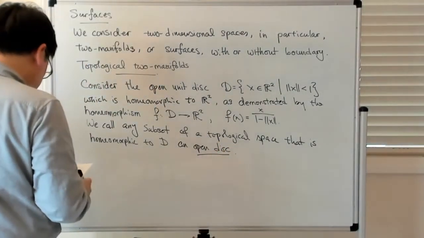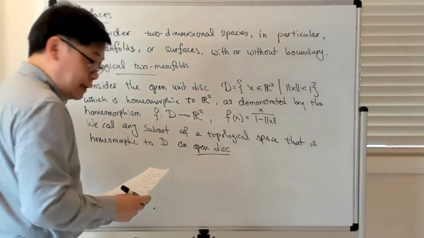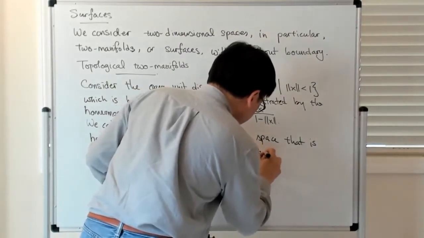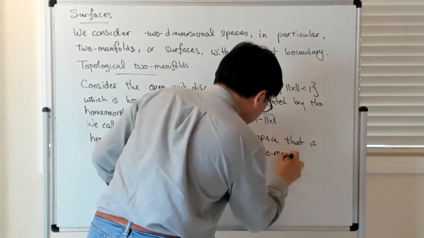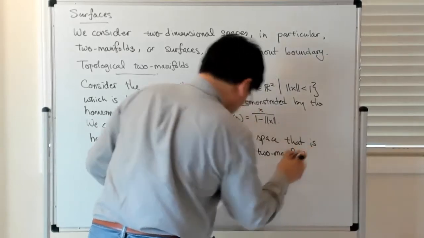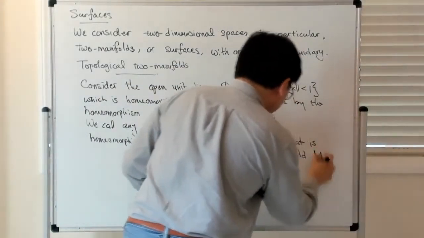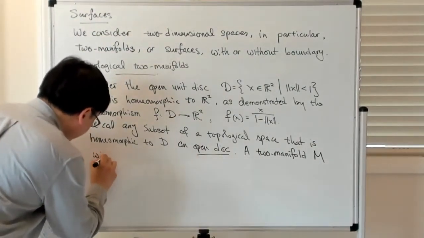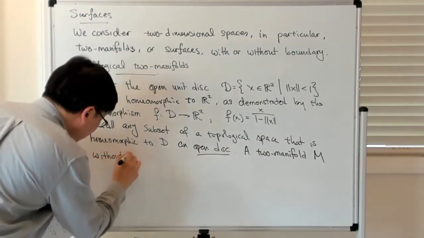With that, you can now talk about what a two-manifold is. A two-manifold M without boundary is a topological space where all points lie in open disks. We'll talk about the boundary case in a little bit, but for now, let's look at what happens without boundary.